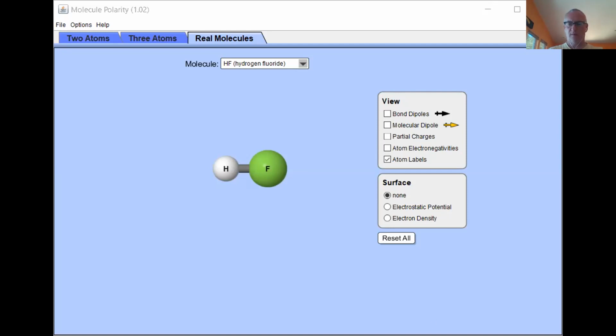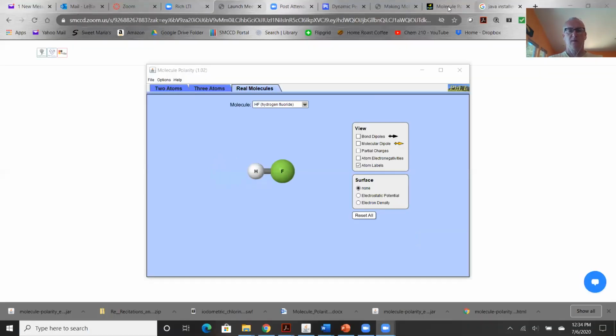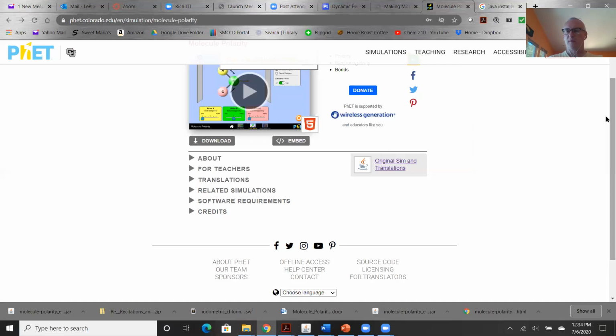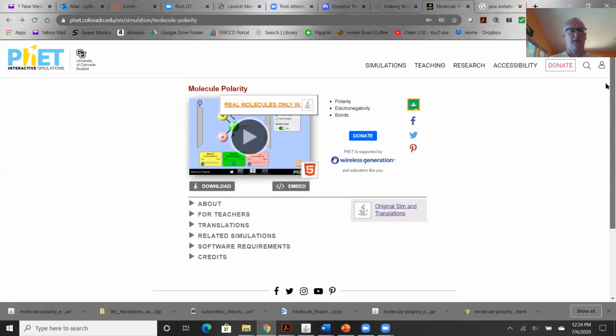Yes. Which one do we choose again? The 2 atoms or 3 atoms? We'll start with 2, because the first few questions are about the 2 atom screen, okay?